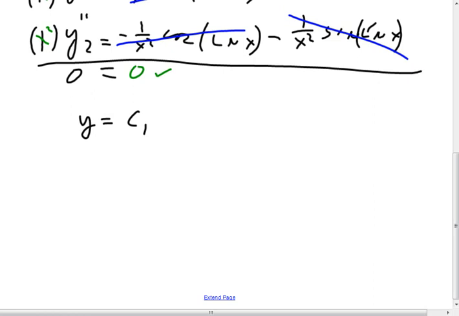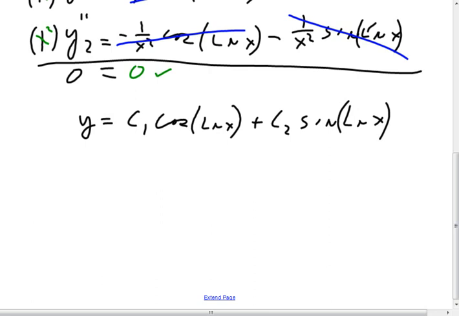So the general solution would be C1 cosine natural log x plus C2 sine natural log x.